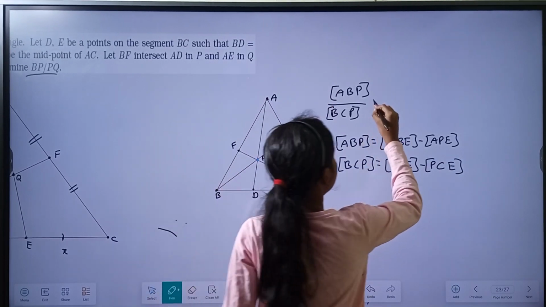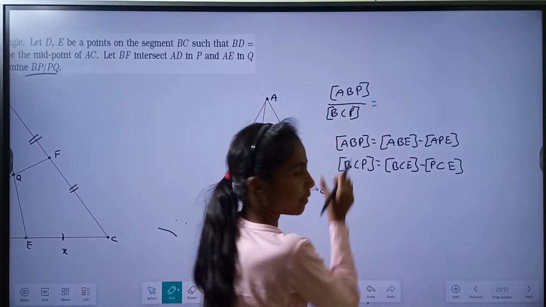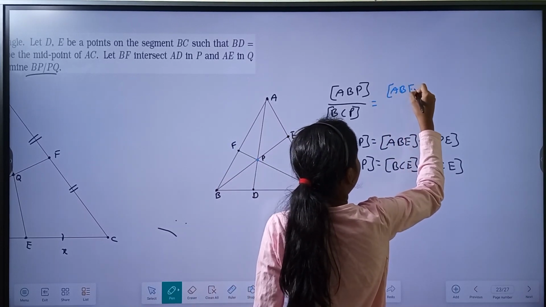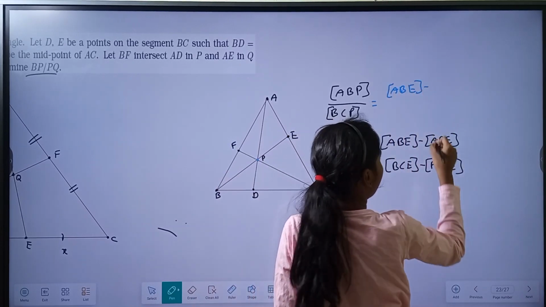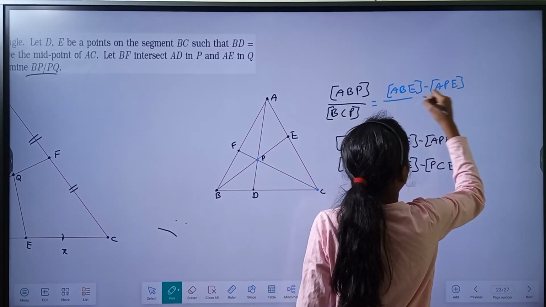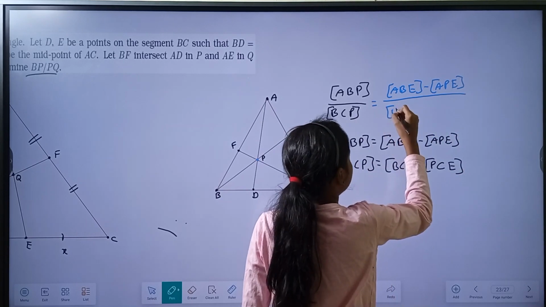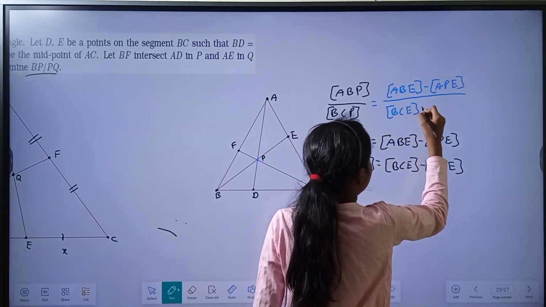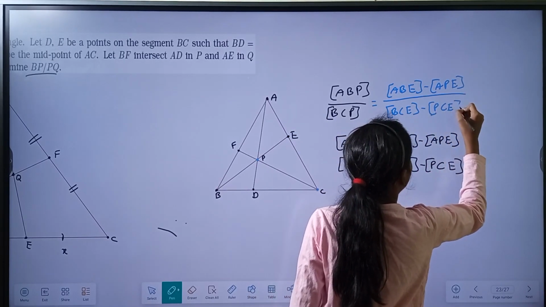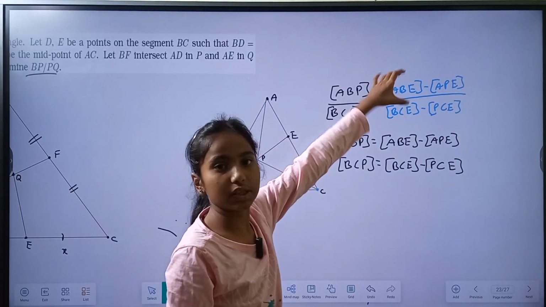Now let us substitute both values into this ratio. The ratio equals ABE minus APE, whole divided by BCE minus PCE. Now we have to find what this ratio equals.